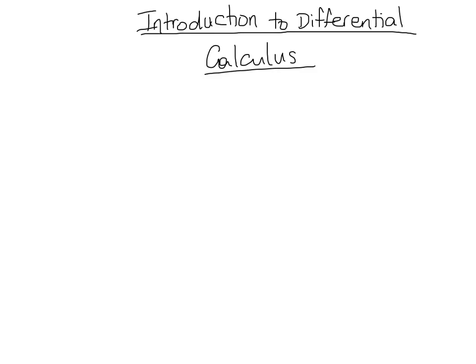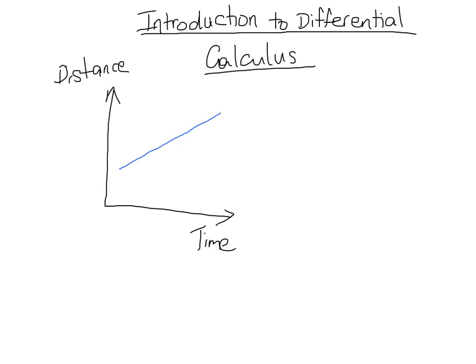So let's take a step back for a moment and think about when we learned about graphs that would have, let's say, time on the x-axis and distance on the y-axis. And then we learned that a car, as time went on, the distance would change.